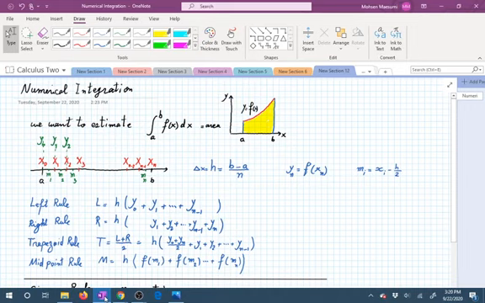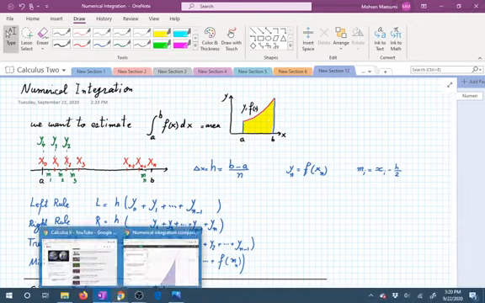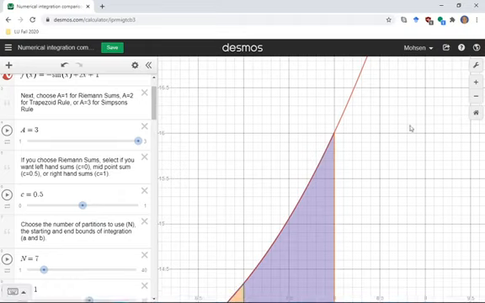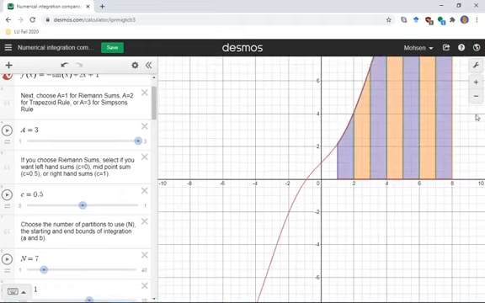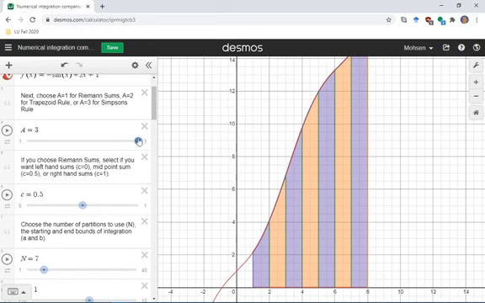Okay, so we want to approximate this integral. There's a beginning and an end, so a and b are the end of the interval. There are certain number of panels. In that picture we saw, let me go back to the original picture.